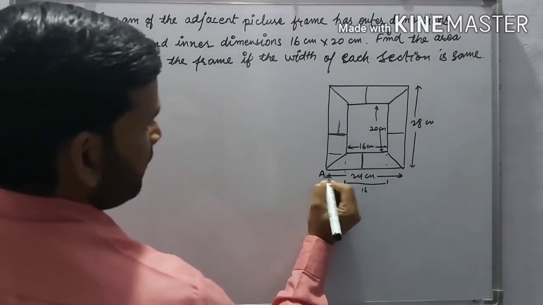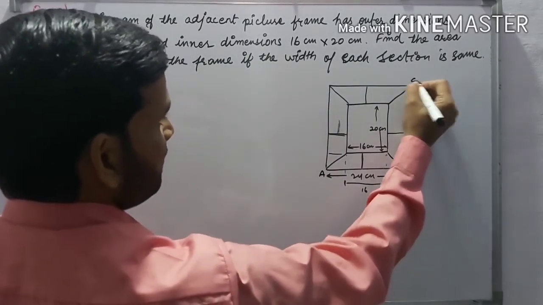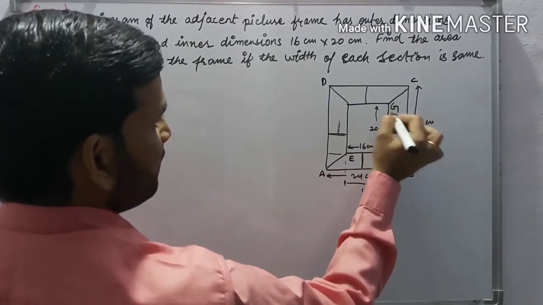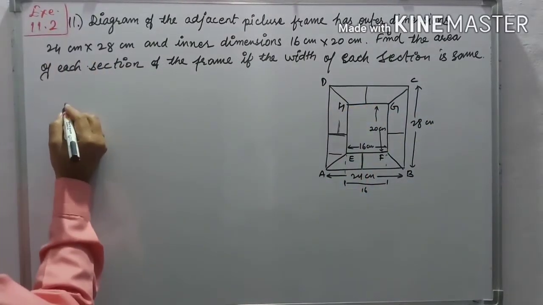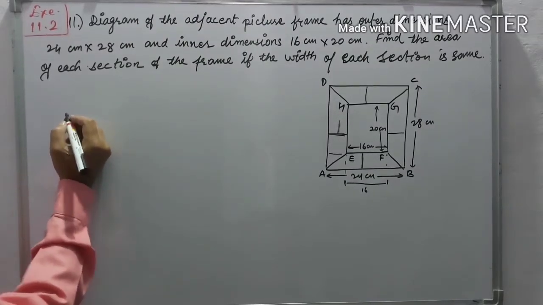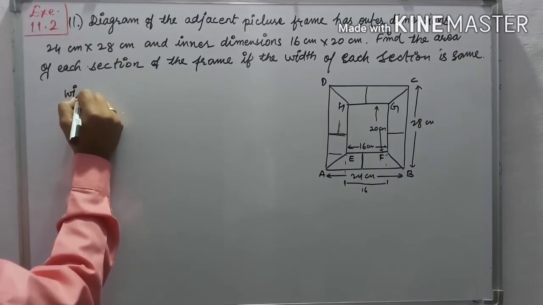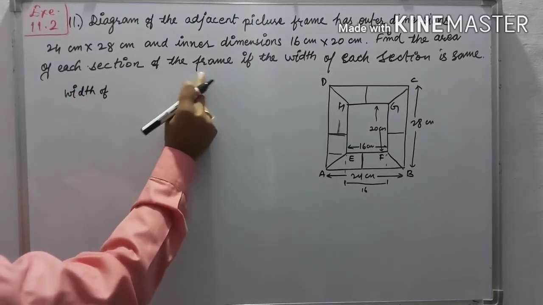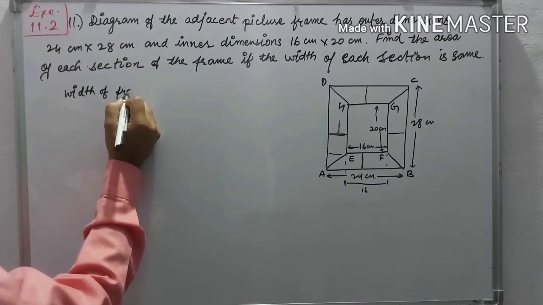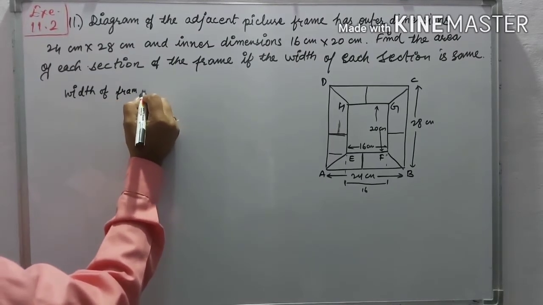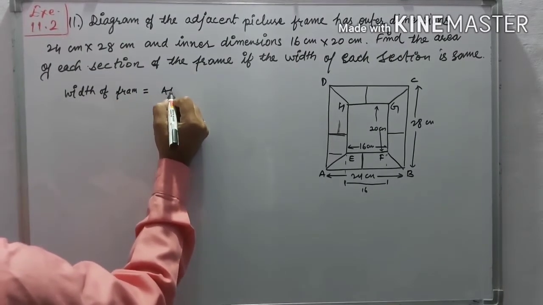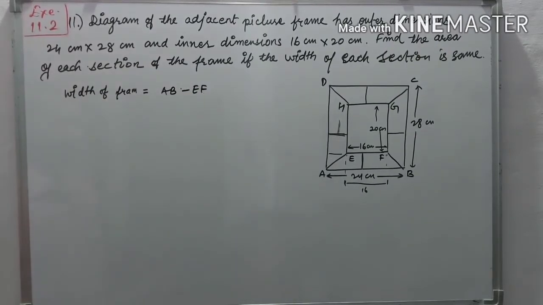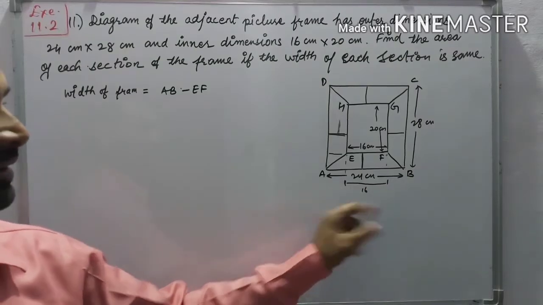You write A, B, C and D, and the middle is E, F, G, H. So now the width of the frame is AB minus EF.